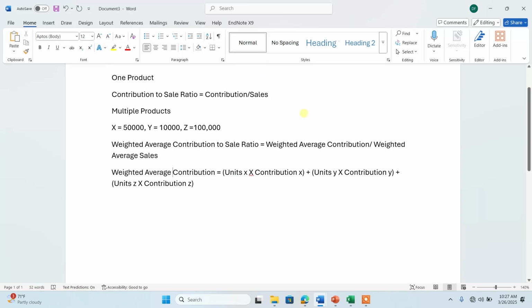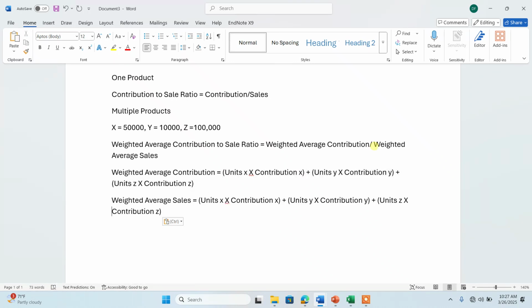Similarly, to find the weighted average sales, again the units of X, but this time multiplied by the sale price of X, plus units of Y multiplied by the sale price of Y, plus units of Z multiplied by the sale price of Z. This way we can calculate the weighted average contribution and then the weighted average sales.